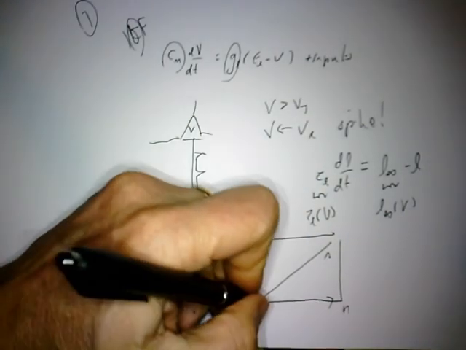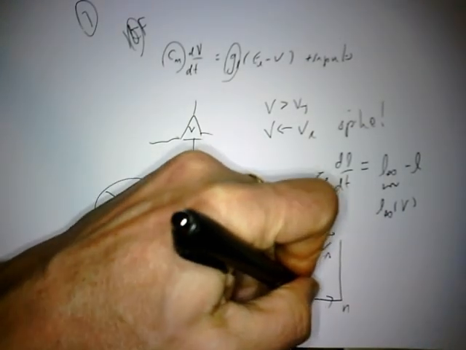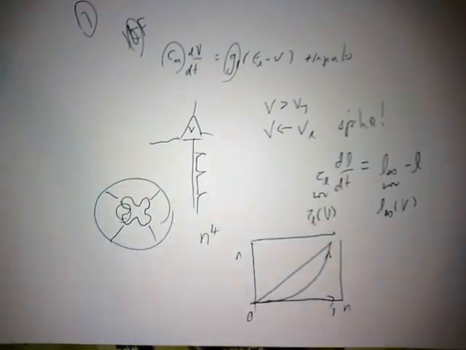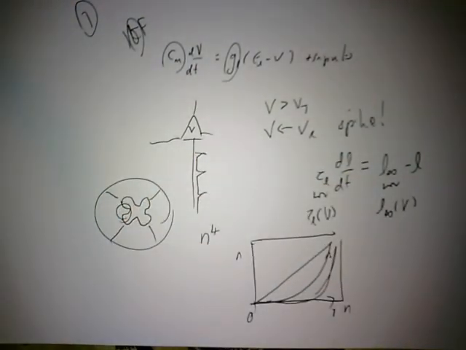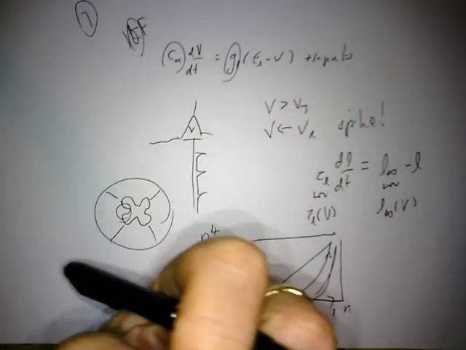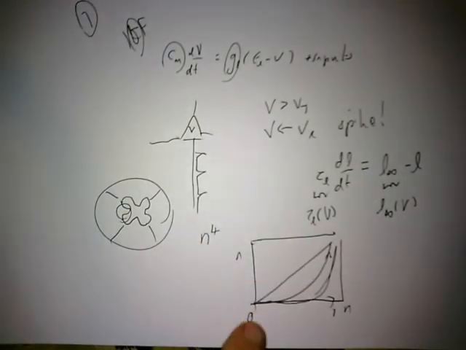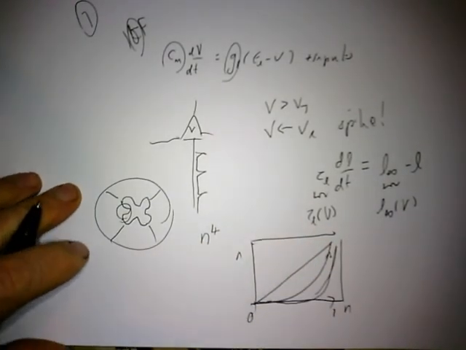That's what n looks like. Whereas n to the 4th, of course, we're going from 0 to 1, would look even sharper like that. And so by going to n to the 4th, the biology has chosen a system which will accentuate, or make crisper, the transition between 0 and 1.